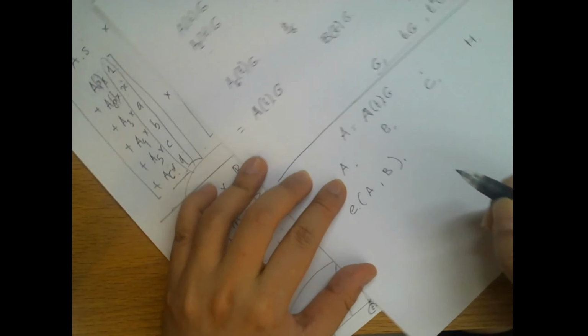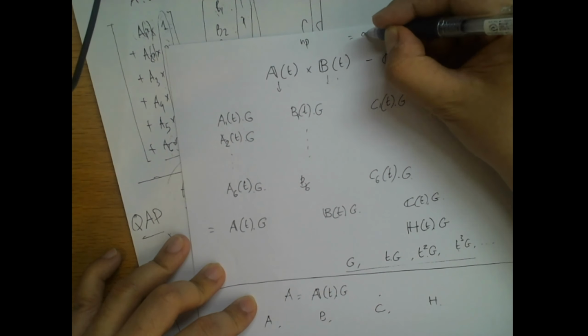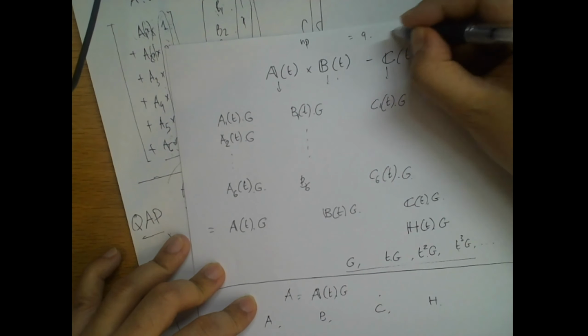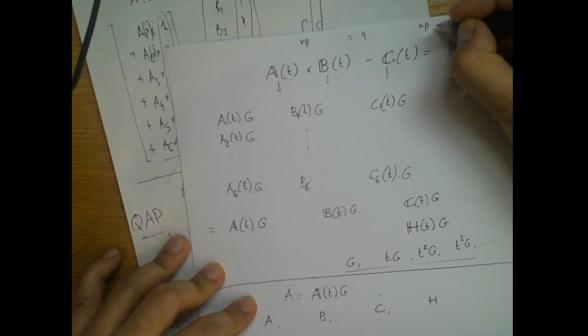Before, remember the example was NP equal Q, so we were doing NP minus Q equal 0. Now we have NP minus Q equal R times S. We have something like that.